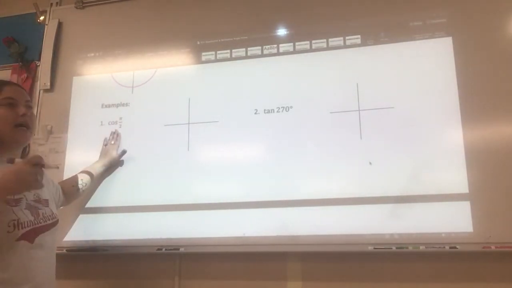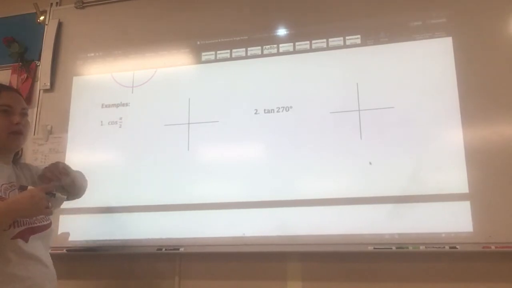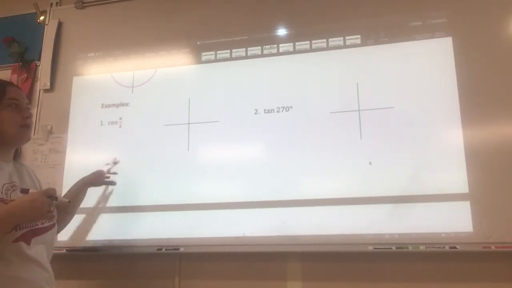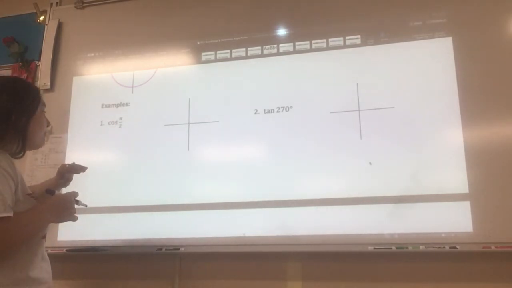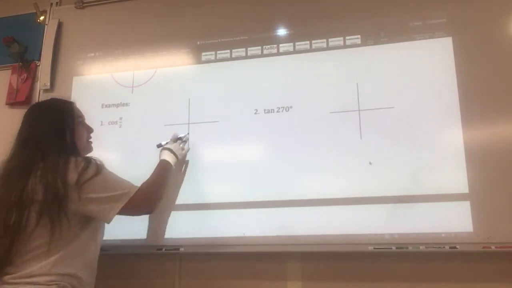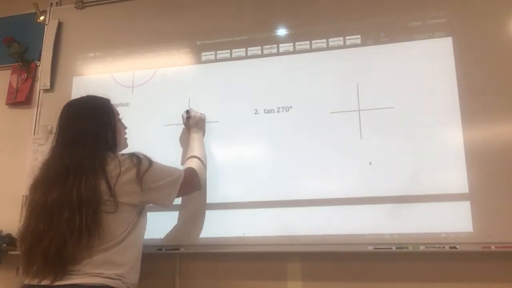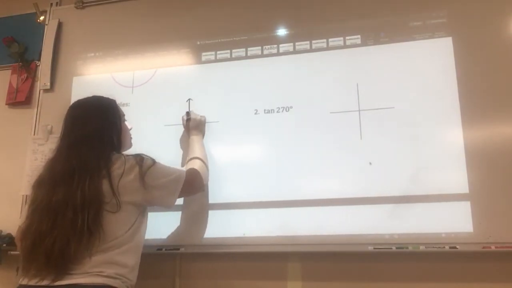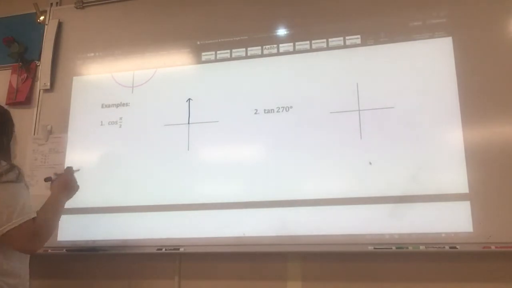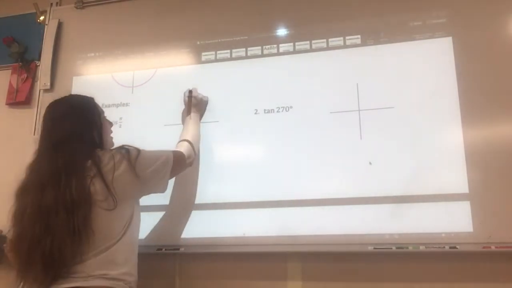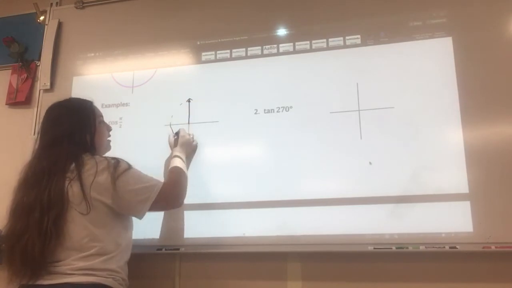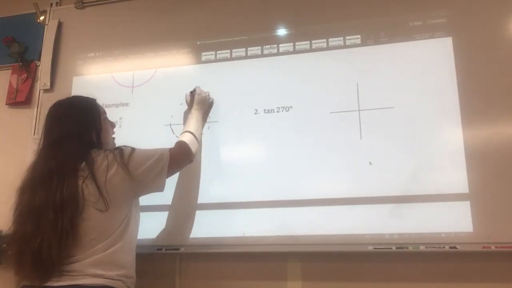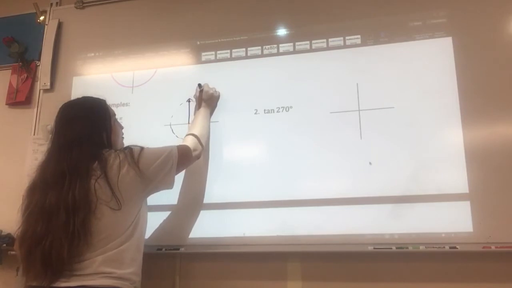Please do not, in this case, convert to degrees. You're going to have to know your radians. So here, pi over 2 is the same thing as 90 degrees. So this angle is just pointing straight up. And because we know that angle is pointing straight up, we are at this point on our invisible unit circle, we are at 0, 1.